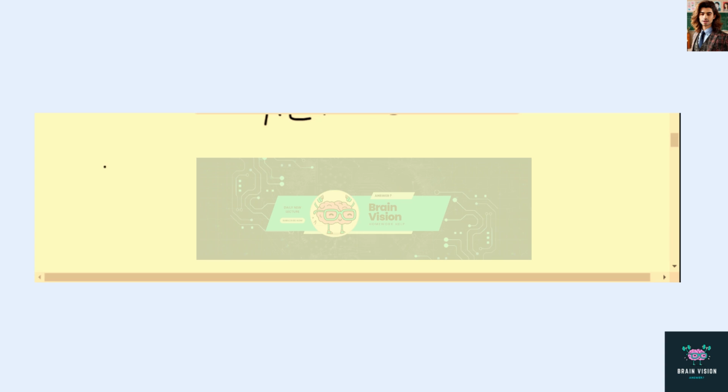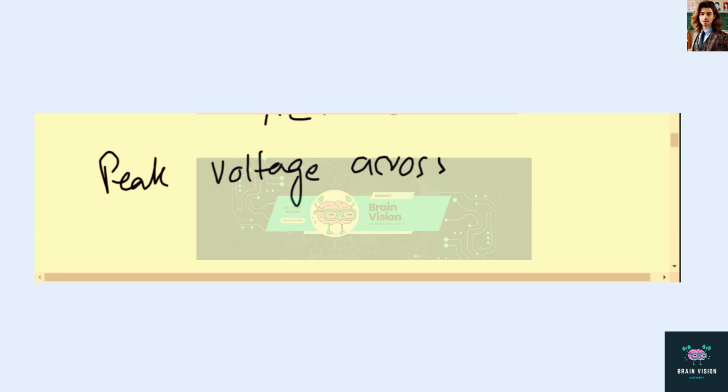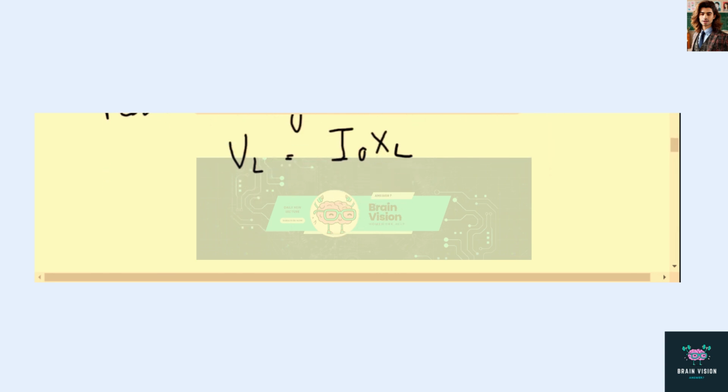The next thing that we need to find out is the peak voltage across the inductor. So we get VL is equal to I naught times XL. So that becomes VL is equal to 67.85 I naught.